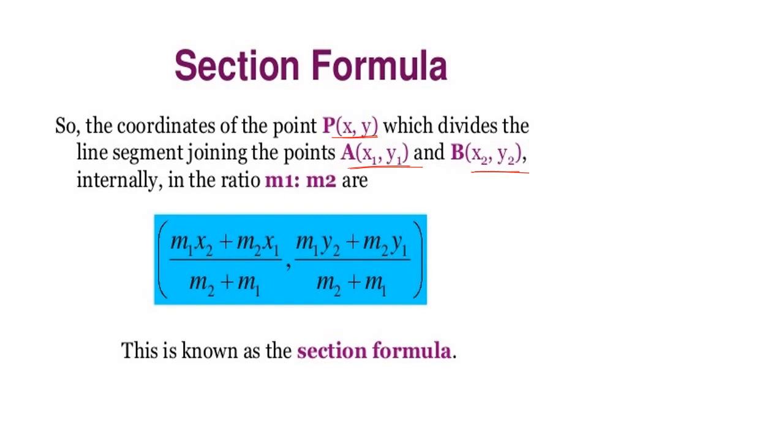If point P divides those two points in the ratio m1 and m2, and I want the coordinates of point P, the values of x and y, I will use this formula: x is m1x2 plus m2x1 divided by m2 plus m1. Same for the y value, the ordinate: m1y2 plus m2y1 divided by m2 plus m1.